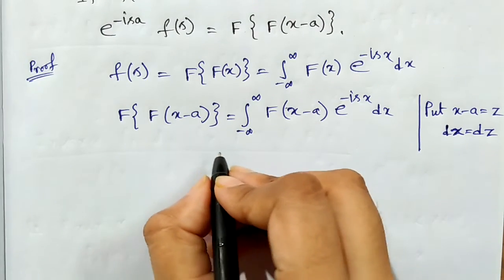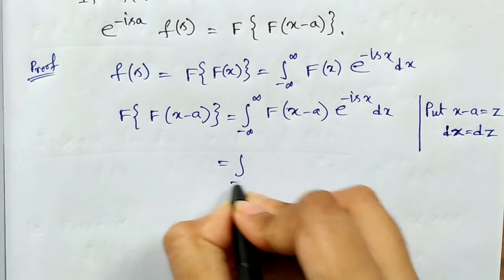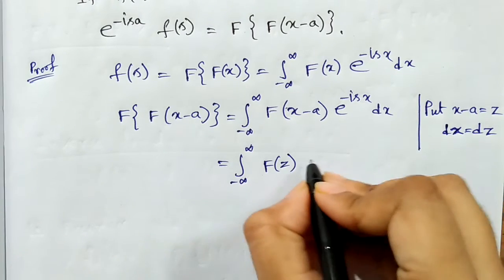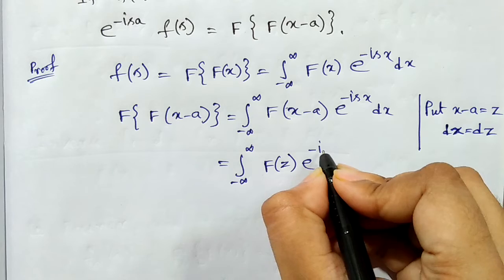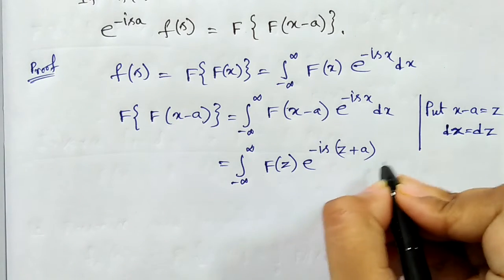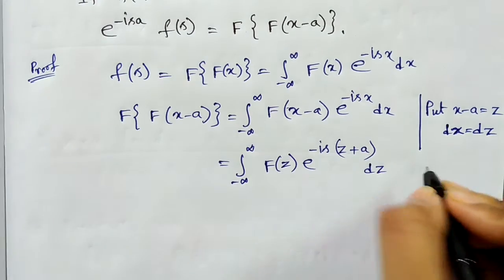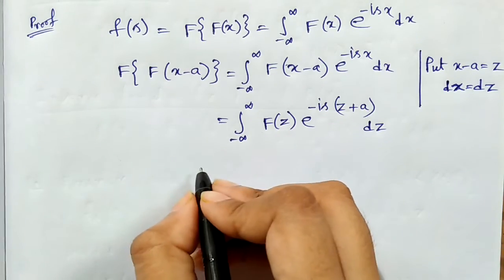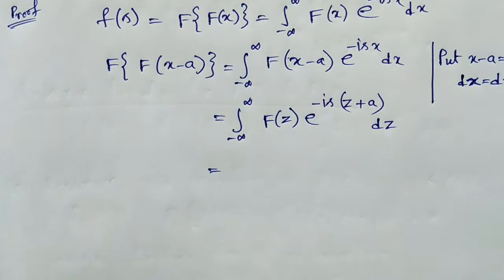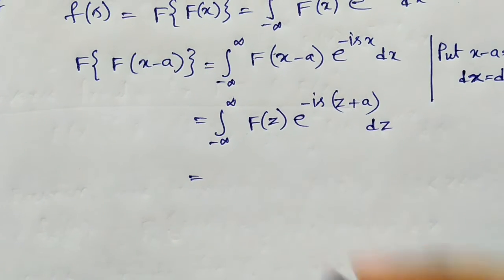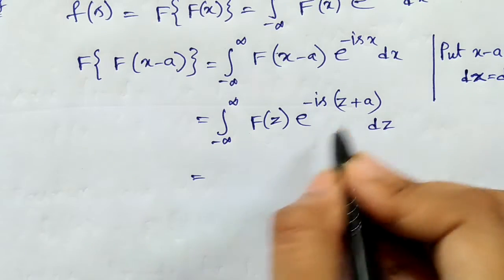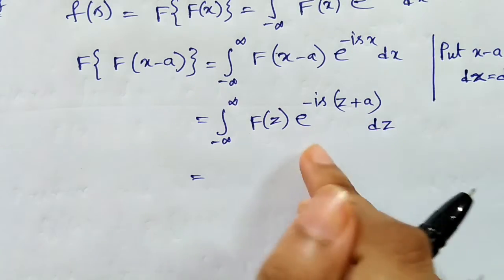Now this is equal to the integral from minus infinity to infinity of F(z) e to the power minus is, with x meaning z plus a, and dx is dz. Next, see, this term we can separate here.